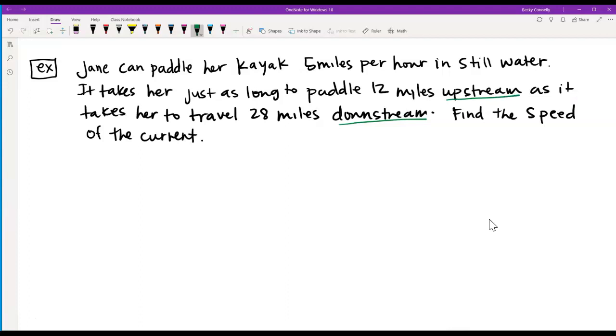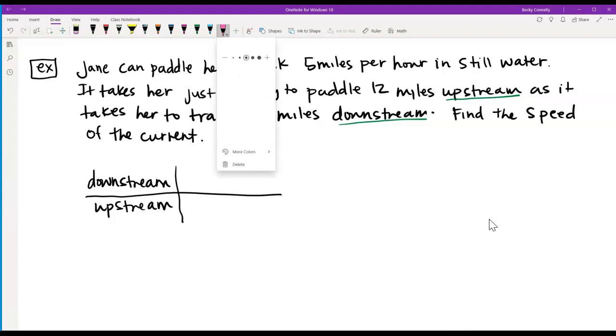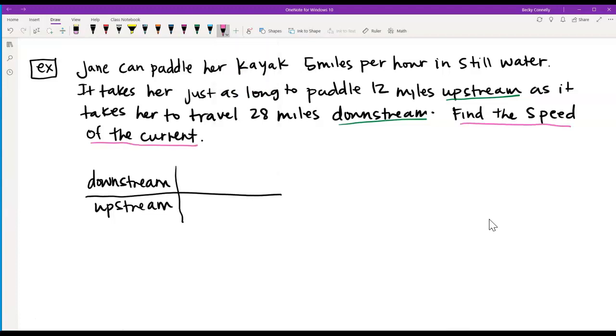So let's make this chart here, and make sure it's clear what I'm looking for. What am I trying to find? Find the speed of the current.